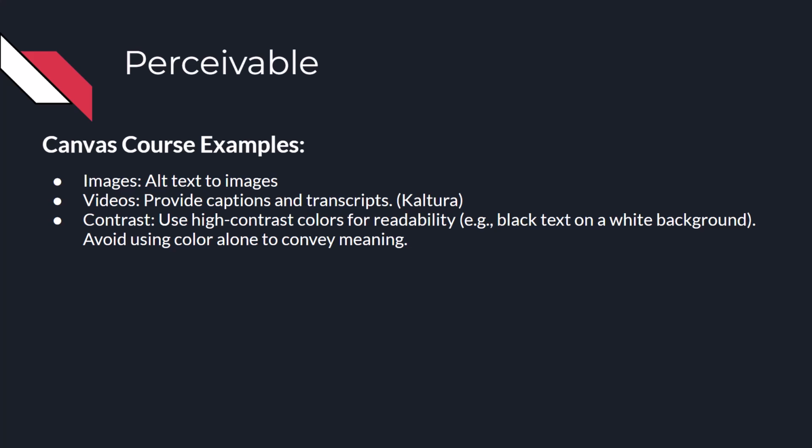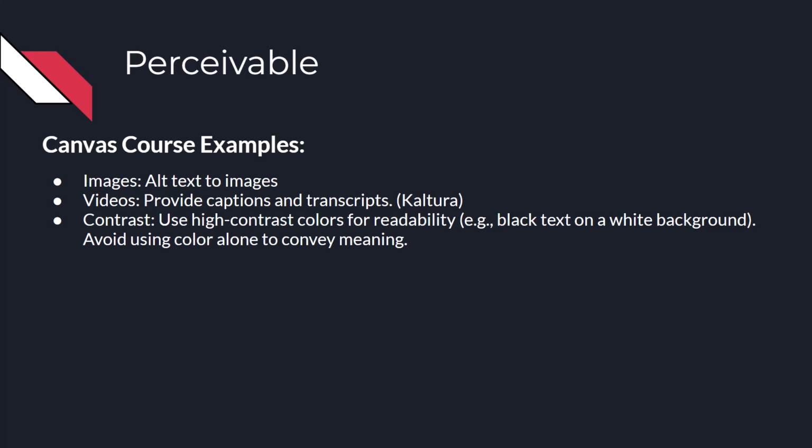Things like with images, making sure there's alt text. So if a student's using a screen reader, it doesn't just say image or read a file name. It actually describes what that image is so that they get the same general experience that somebody that has full vision gets. Captions in your videos and transcripts. We've talked before at different times about using Kaltura, which takes care of a lot of that for you.